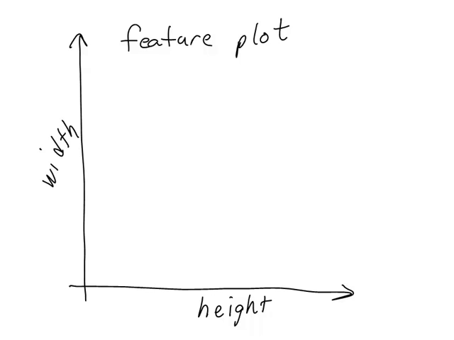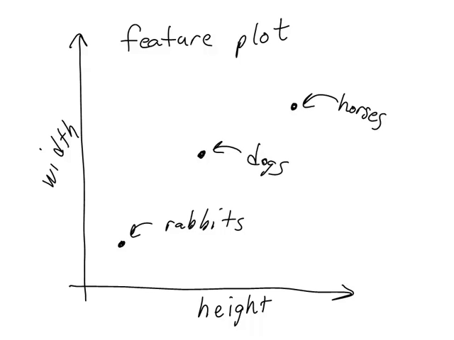We would then use our knowledge of animals to place ideal locations of animals on the plot. We would then identify the identity of an unknown animal by finding the closest ideal point to the unknown point.